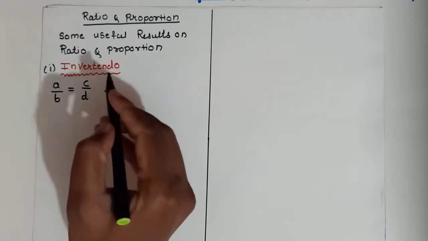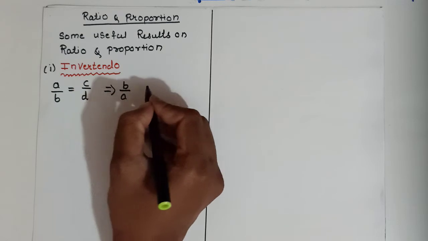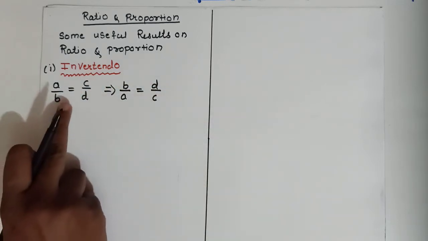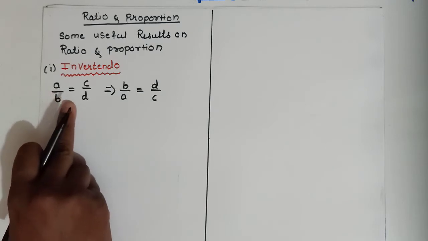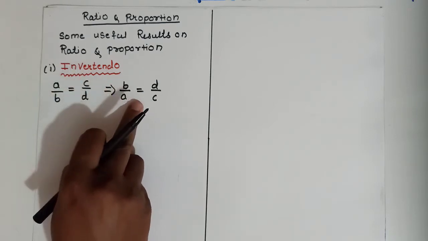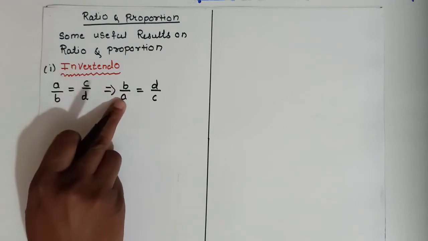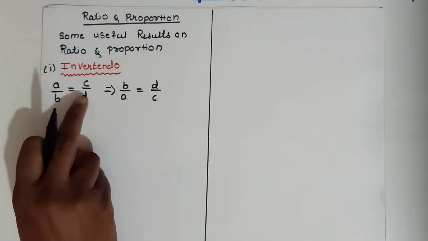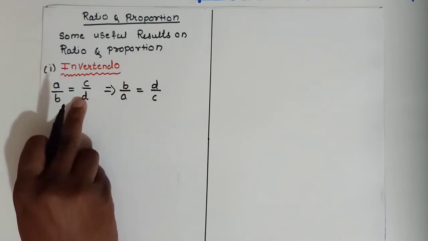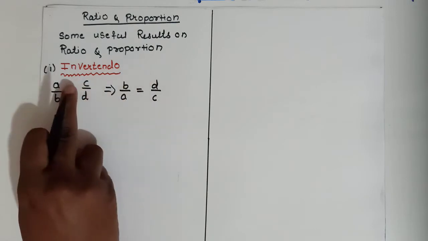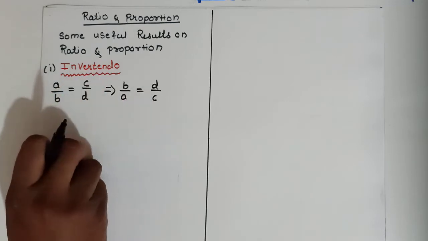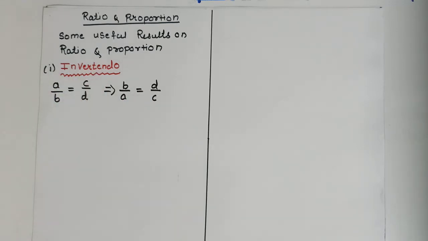So B upon A equals D upon C. The same happens on both sides: D, which was in the denominator, has gone to the numerator, and C, which was in the numerator, has gone to the denominator. This is our invertendo property.